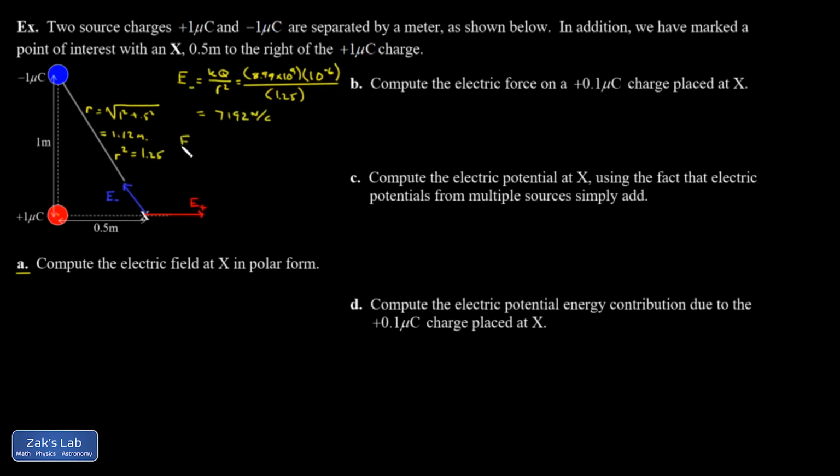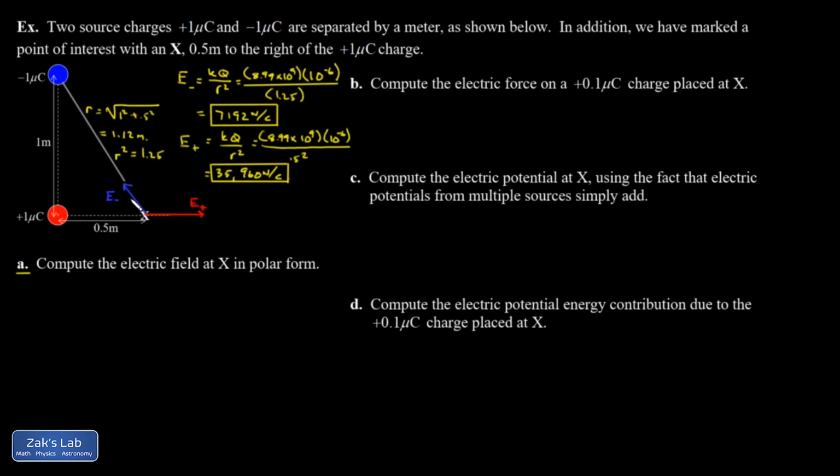Now let's get E plus. That's KQ over R squared, 8.99 times 10 to the 9, 1 microcoulomb, all divided by 0.5 squared. And when I crunch these numbers, I get a much stronger field contribution of 35,960 newtons per coulomb.